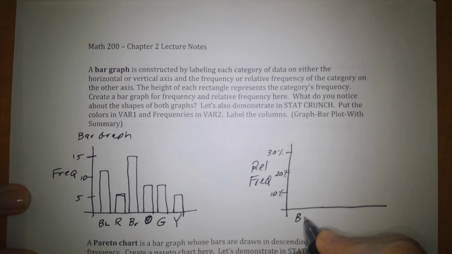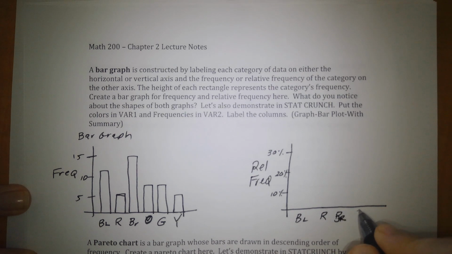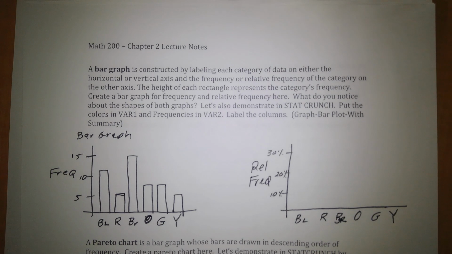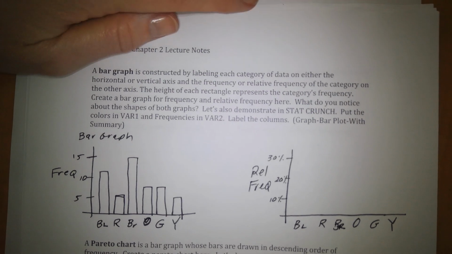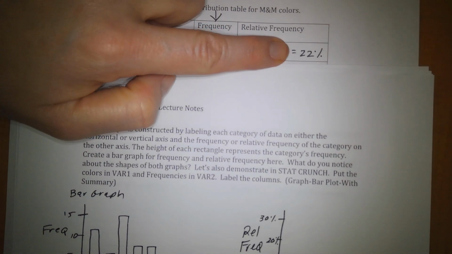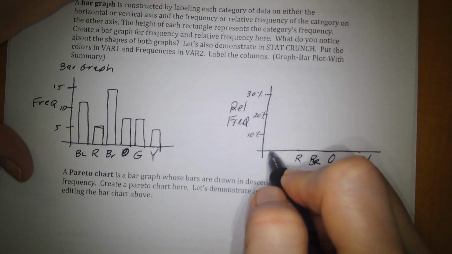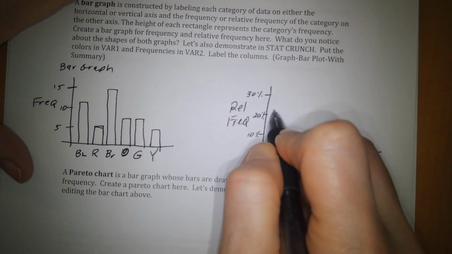So again, I have blue, red, brown, orange, green, and yellow. So my blue rectangle is going to be 22% high. So my blue rectangle will go up to 22%.